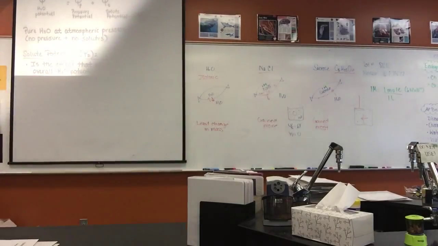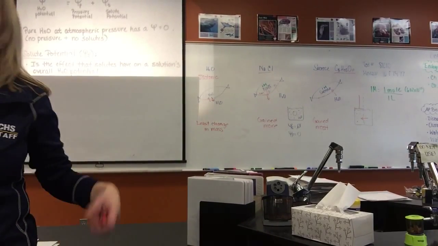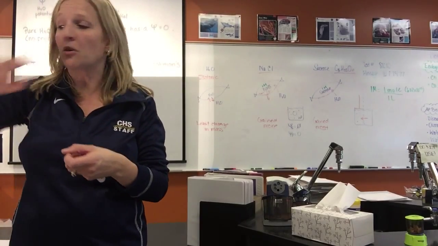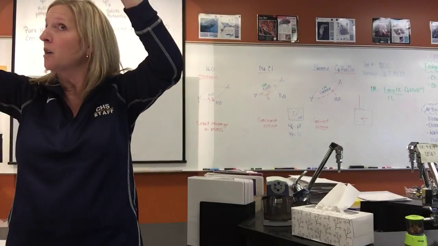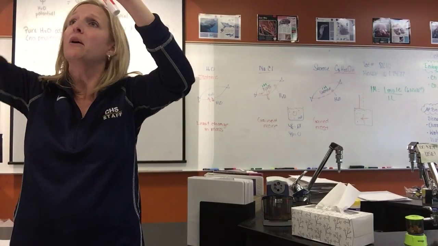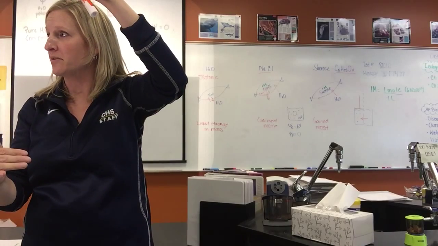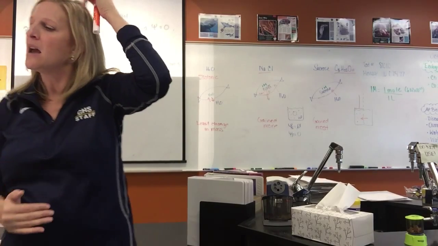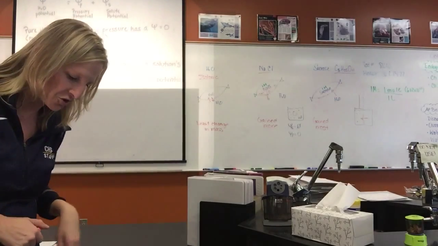Pure water has a water potential of 0: no solutes, no pressure. You add solutes to the water, and it lowers the water potential. So if you start at pure water at a water potential of 0 and add solutes, it lowers the water potential and it becomes more and more negative. Does that make sense? Okay. The addition of solutes lowers the water potential.